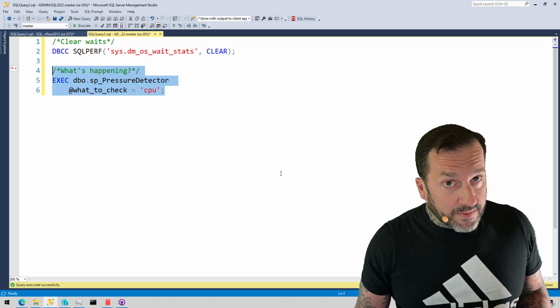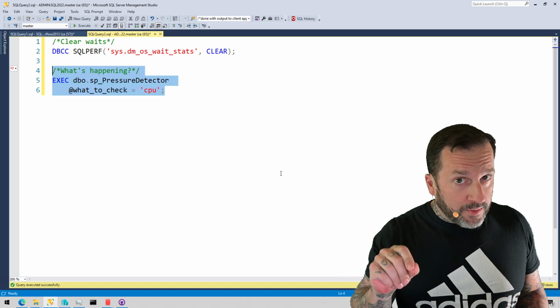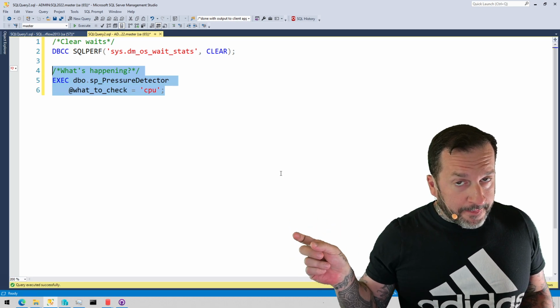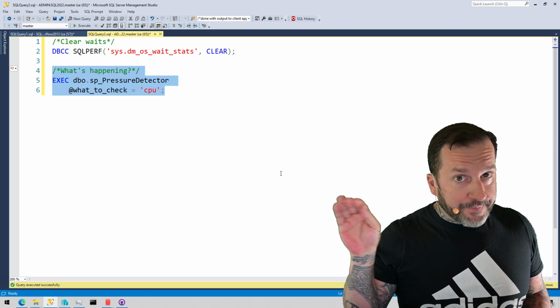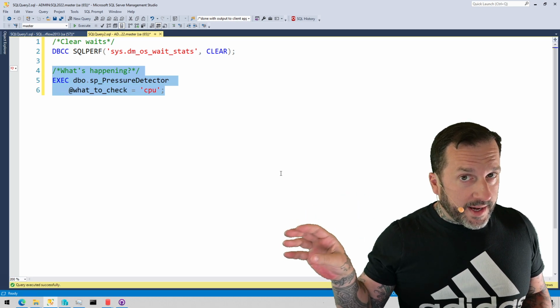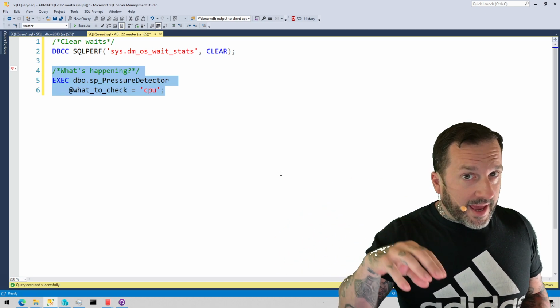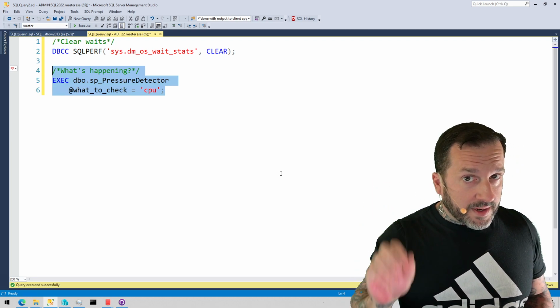Now, you don't have to hit thread pool to have CPU pressure, but I showed you two signs of it: the thread pool waits with long average waits, and the SOS scheduler yield waits really piling up to the top, especially if it has long average waits, because that means queries are potentially waiting longer to get on a CPU than they're spending on a CPU, and that's a really, really bad sign.